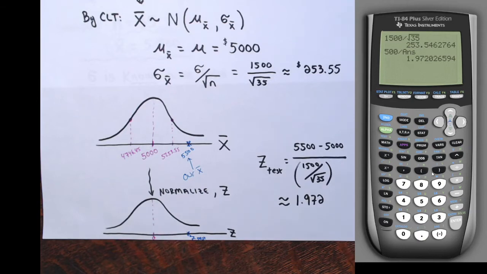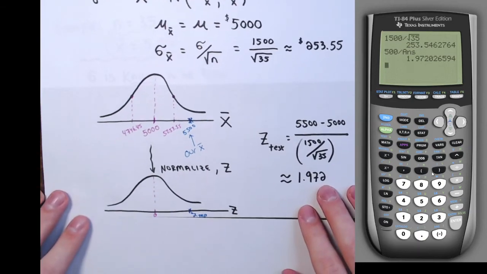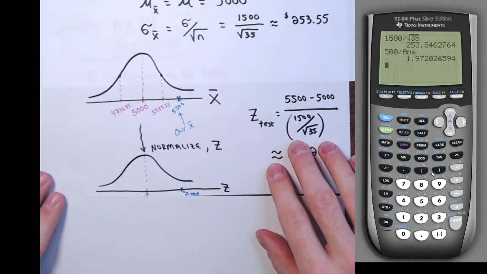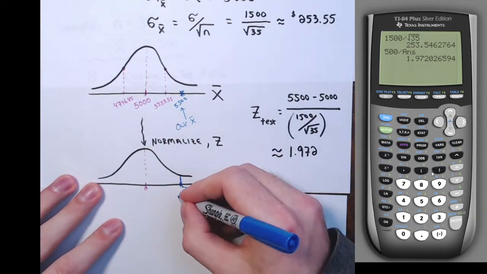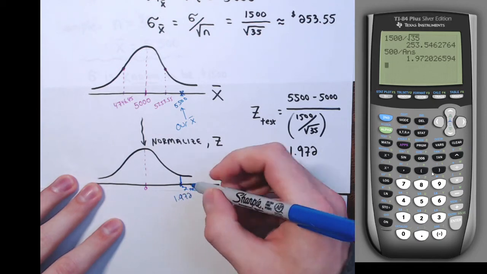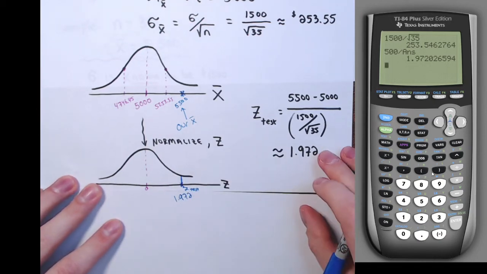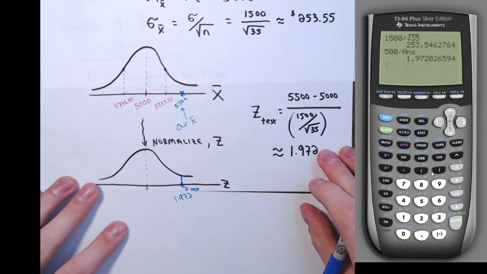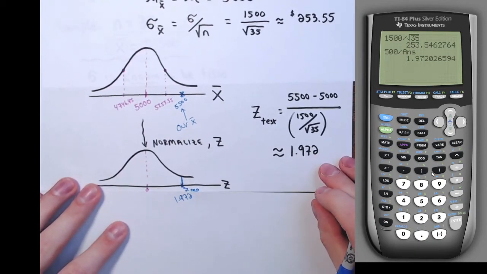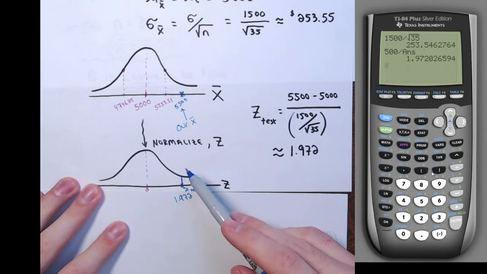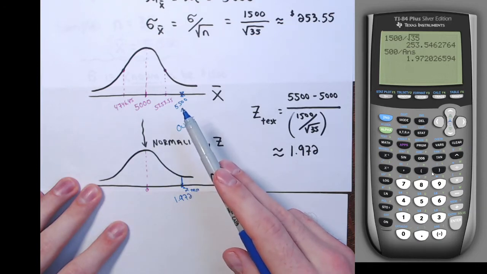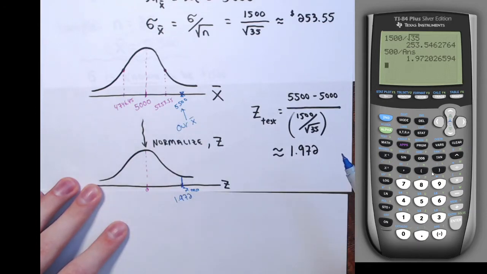All right, so this test statistic means our sample mean, our 5,500, is 1.972 standard deviations above the mean. That's not that far away. Usually if you're more than 2 standard deviations away, that's pretty far. But this is less than 2. So our sample mean, our $5,500, is less than 2 standard deviations away from 5,000.